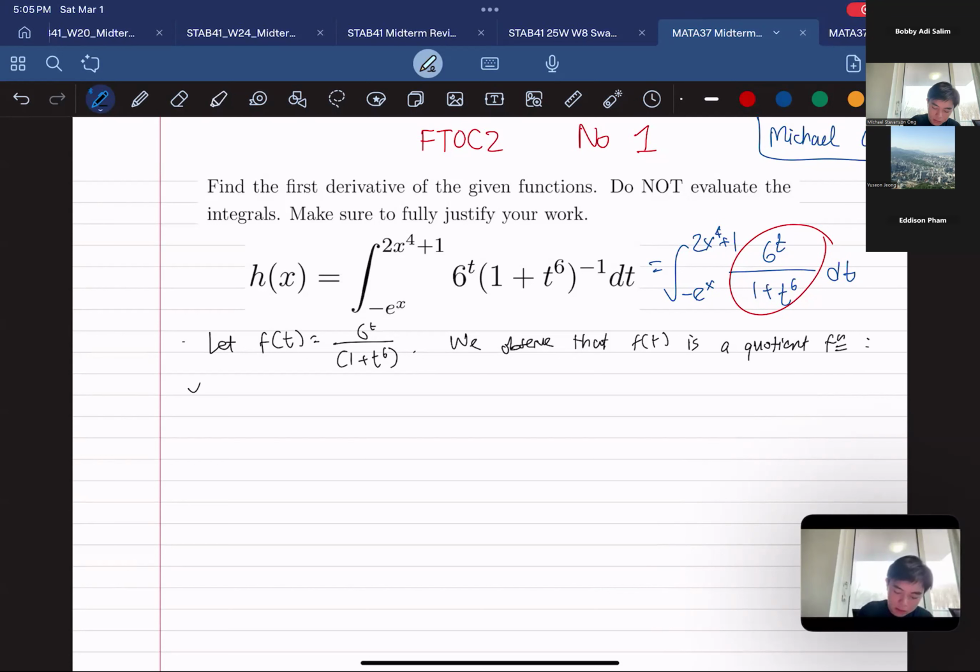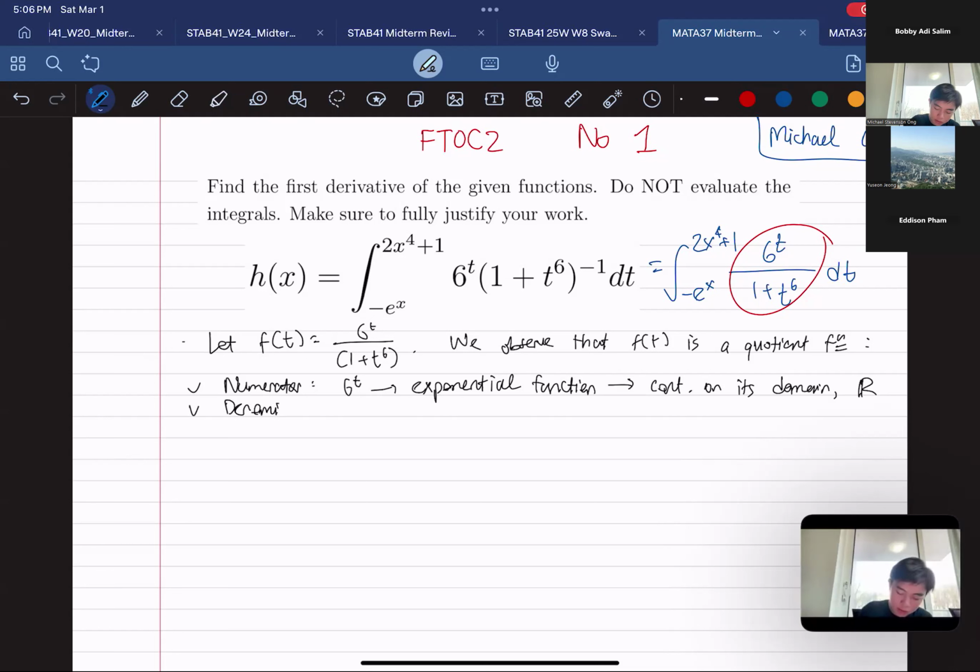first thing, on our numerator, we have an exponential function. And just by normal math intuition, an exponential function is continuous on its domain, which is R, the domain of real numbers.